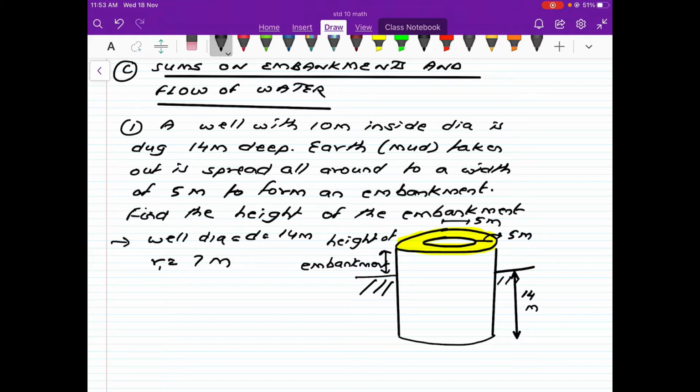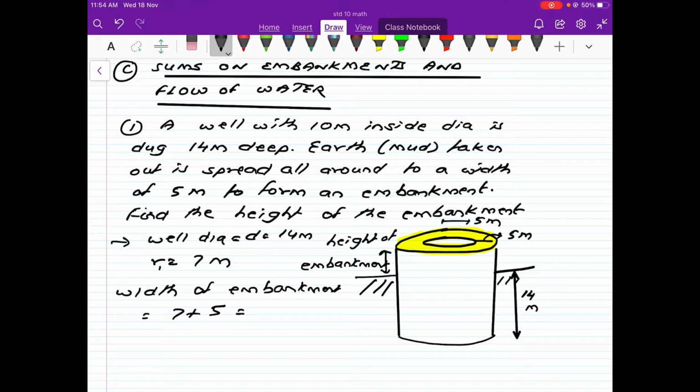Now next, the earth is spread all around to a width of 5 meters. So the width of the embankment will be the inner plus 5 meters.